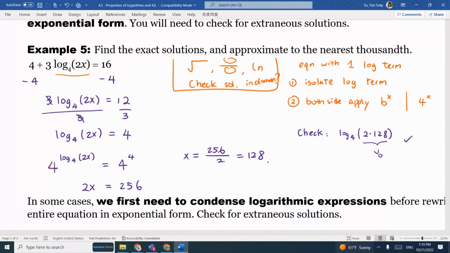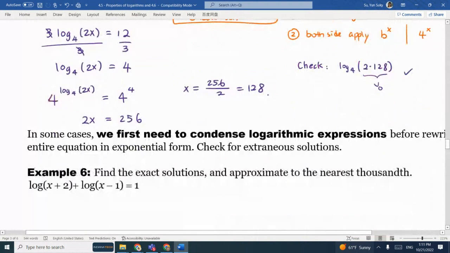You just need to check whether it is in the domain. So you plug in x is 128. 2 times 128 is positive, so it's okay to be in the log. This is what I mean by checking: to check whether it is in the domain, not whether the left hand side equals the right hand side. Okay, everybody?